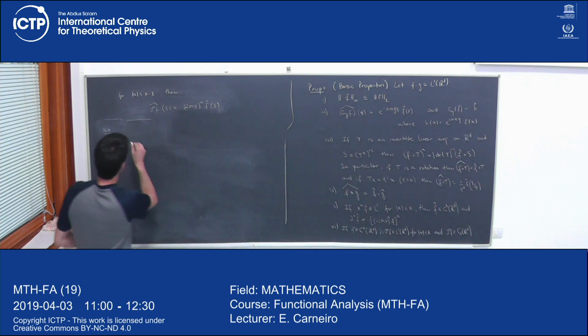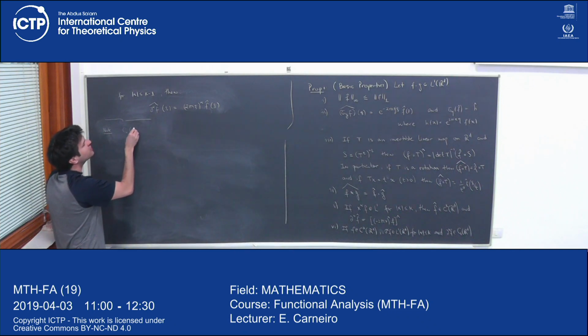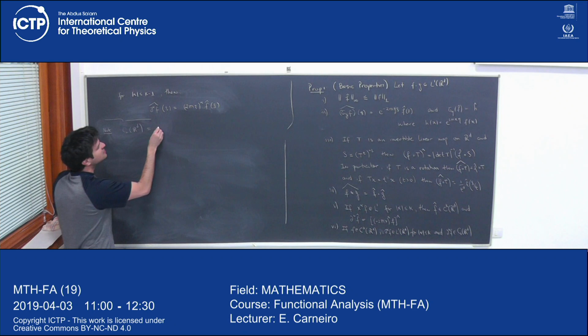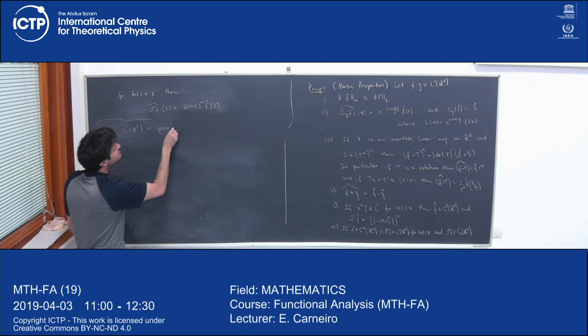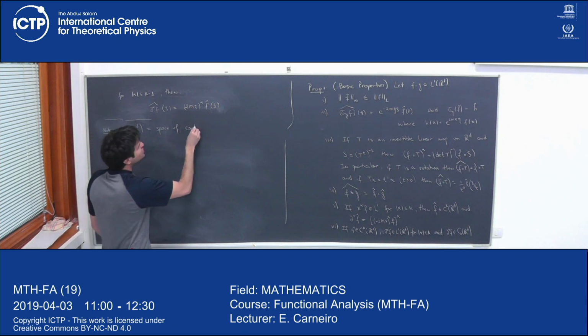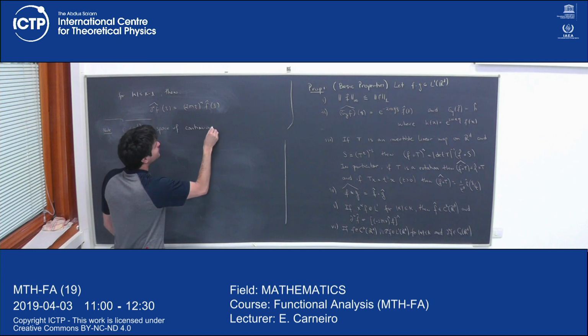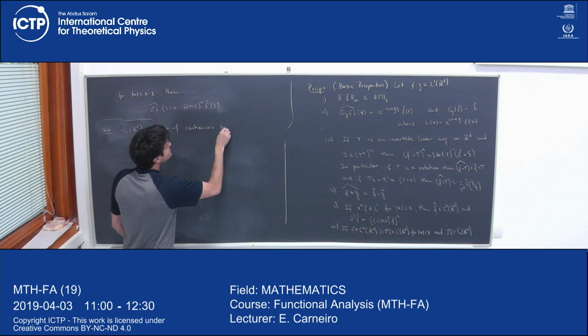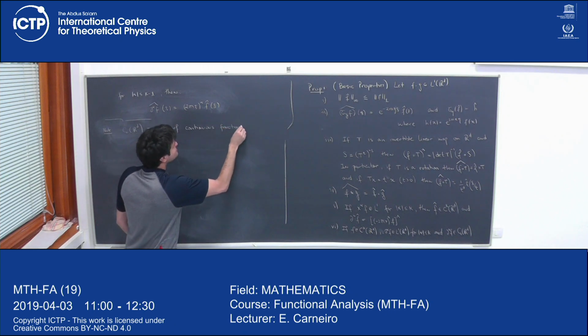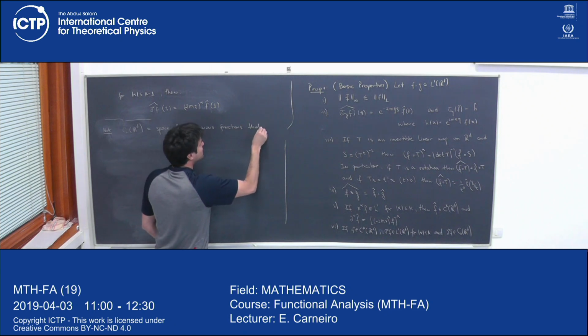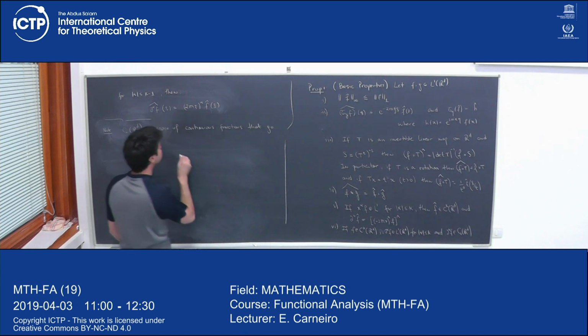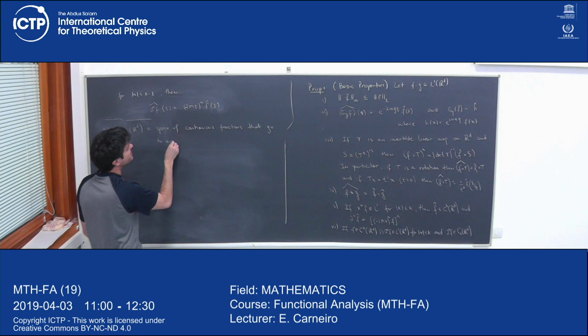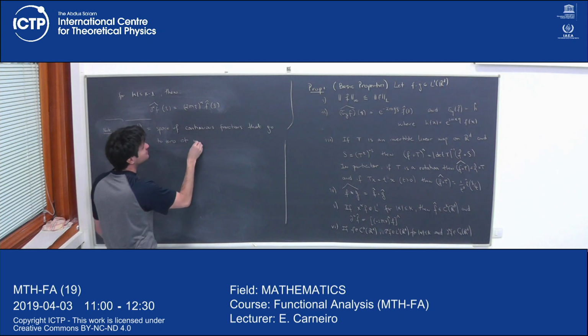Okay, so C0 of R^D, this is the space of continuous functions that go to 0, or that vanish at infinity.